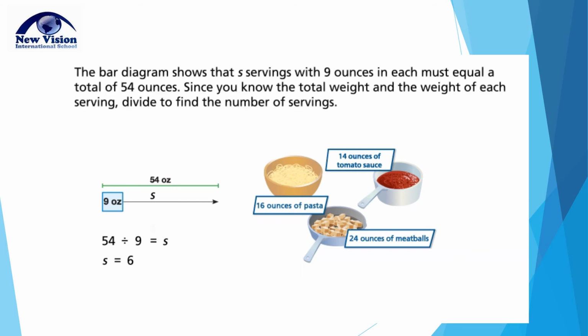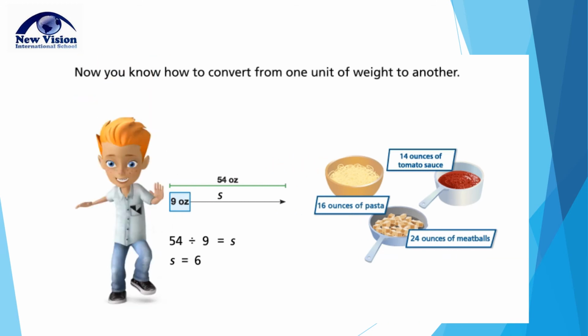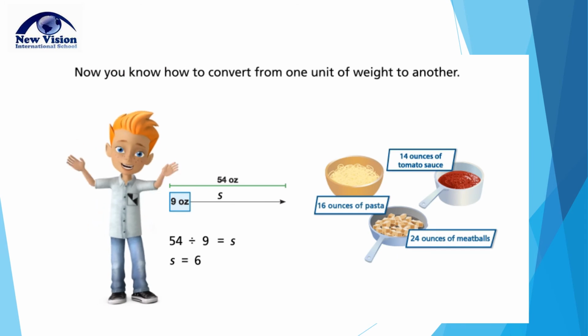The bar diagram shows that S servings with 9 ounces in each must equal a total of 54 ounces. Since you know the total weight and the weight of each serving, divide to find the number of servings. Now you know how to convert from one unit of weight to another.